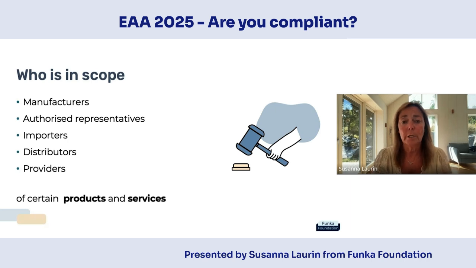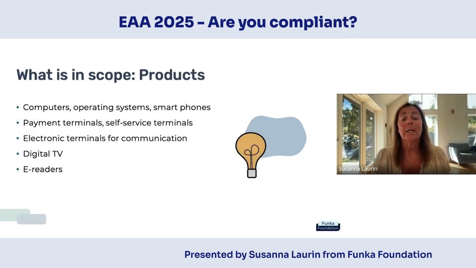But the certain products and services part is important because it's not for everything. Products in scope are computers, operating systems, smartphones, and also payment terminals, self-service terminals like ATMs and check-in machines, electronic terminals for communication, digital TV, and e-readers. So quite a wide scope on the product side.